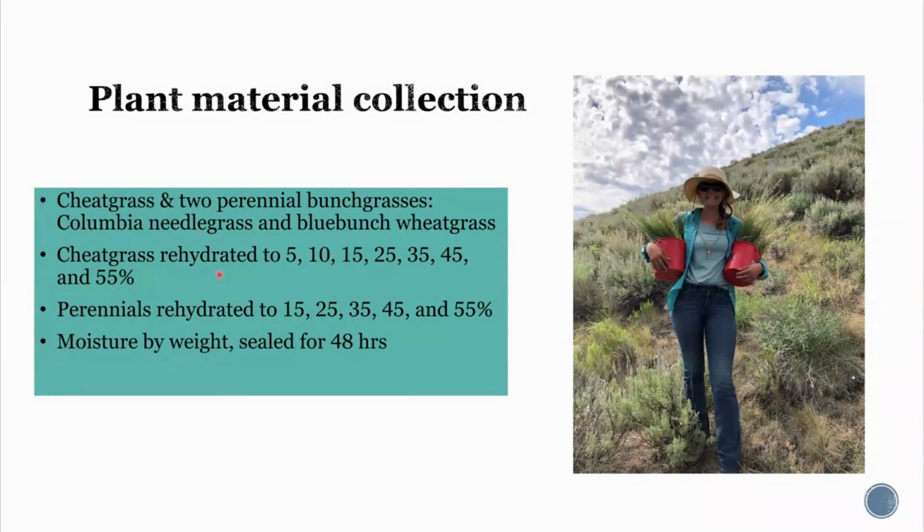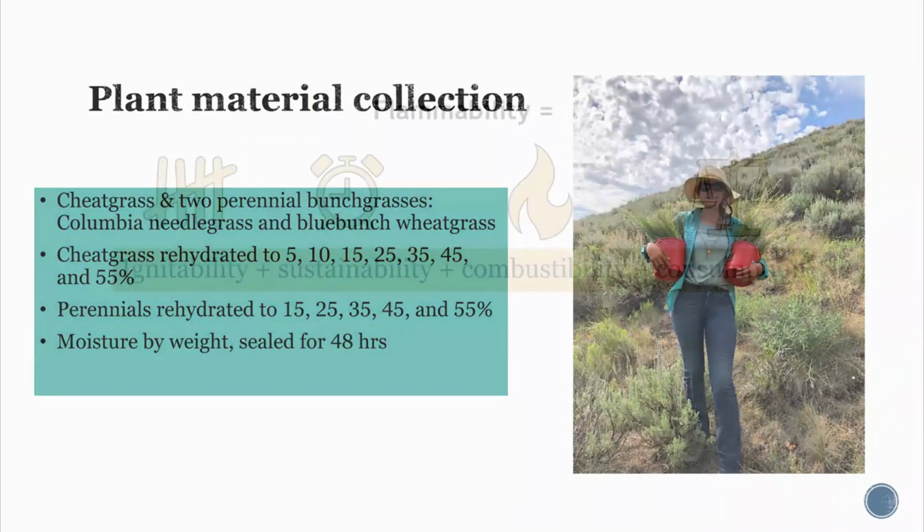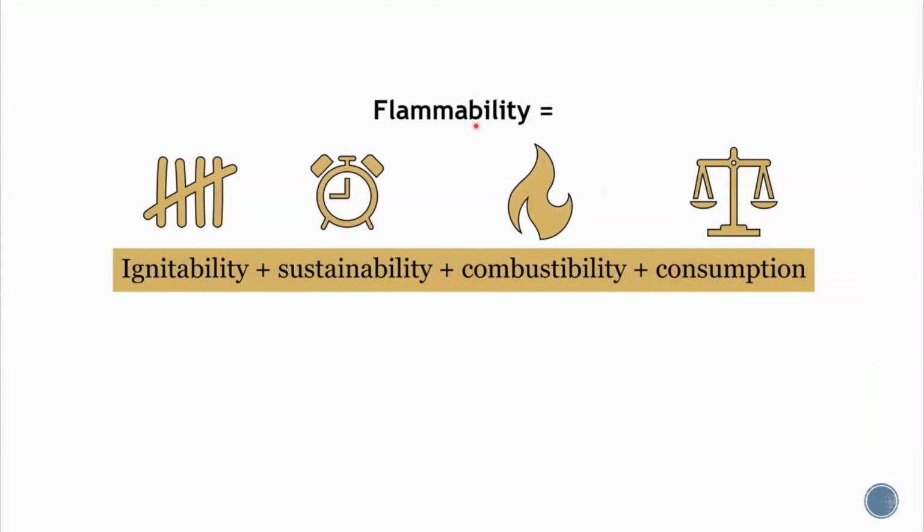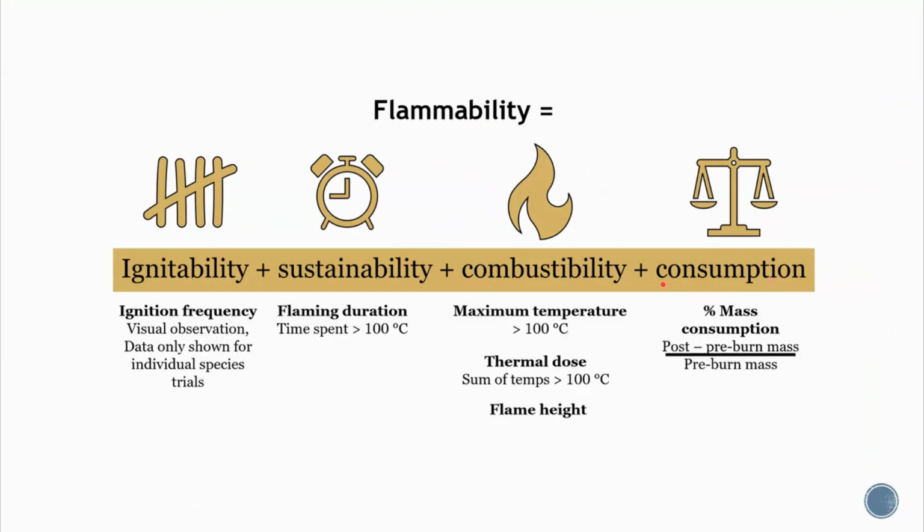And we looked at hydrating those plants to different levels, 5 to 55%, and then perennials were hydrated along this schedule. And so we were looking at flammability of these. The reason for looking at this is that we want to assess the fire risk in these sagebrush steppe grasslands. And so flammability was just a sum of a number of different factors. And I'll just be highlighting a couple of these.